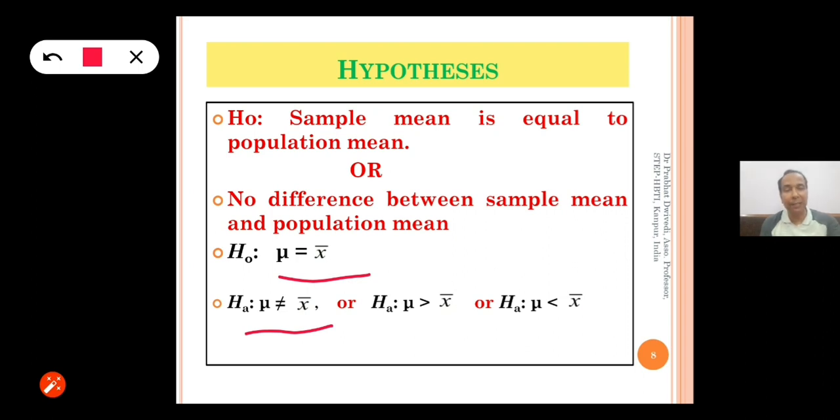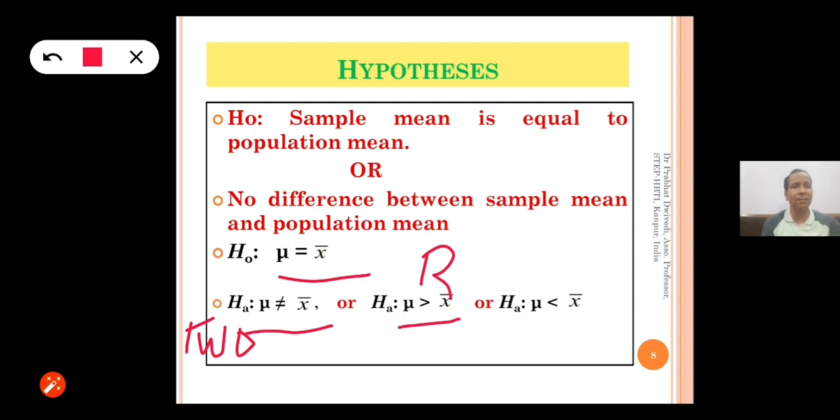And for this alternative hypothesis we compute a two-tailed test. You may be remembering it. In case the alternative hypothesis is with a greater than sign, we compute a right tail test.